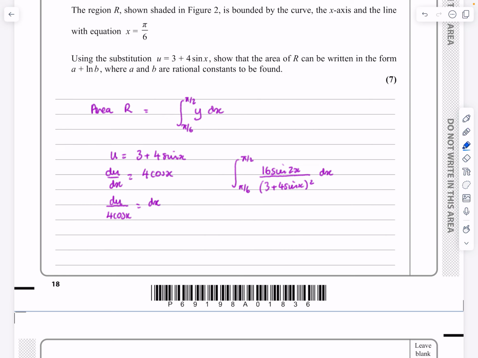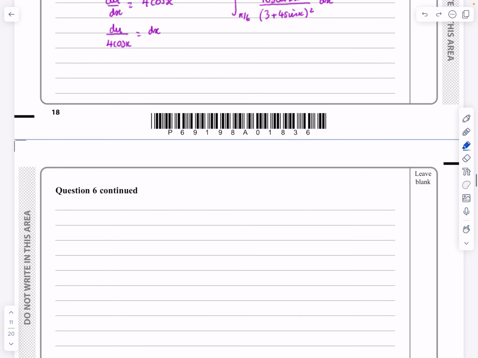As we said, this dx is going to be replaced by that, so I've now got to also replace this one, and don't forget about the limits. The limits you can do in any order you want, but I'll tend to focus on getting these limits sorted out before I do anything else.